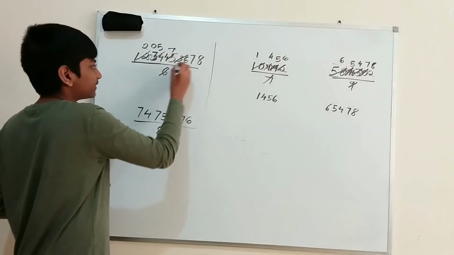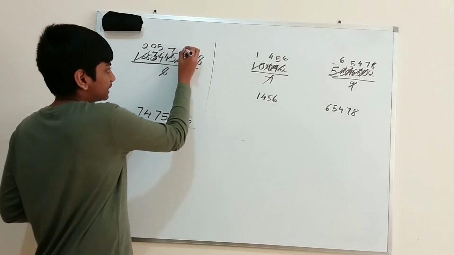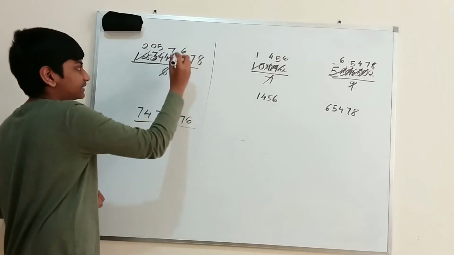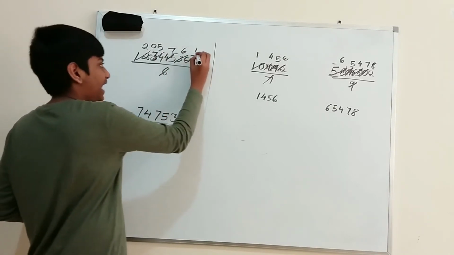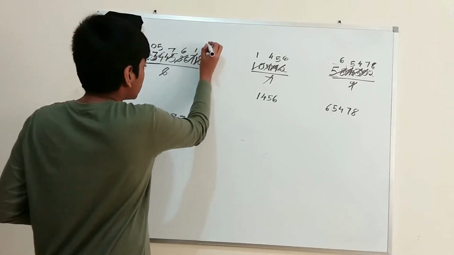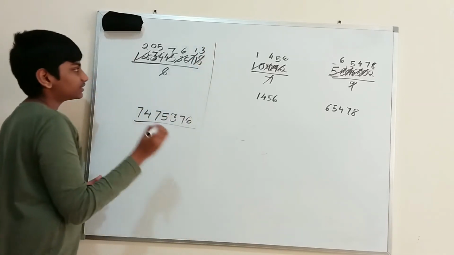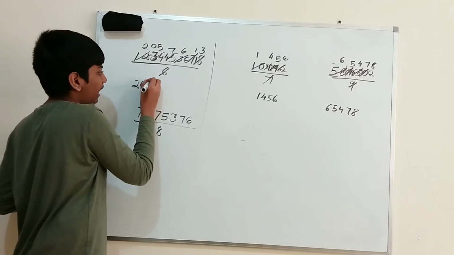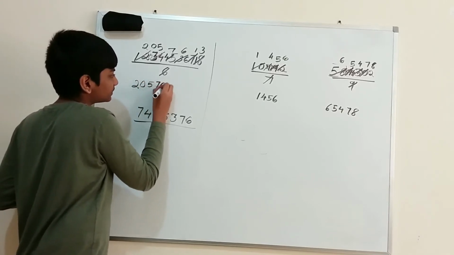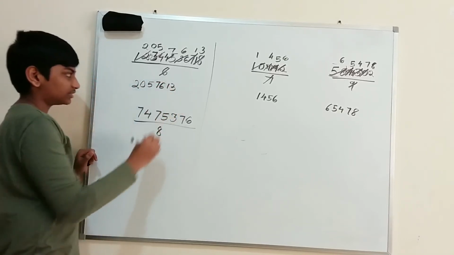And 36 divided by 6 is nothing but 6, and 7 divided by 6 is nothing but 1, 6 1s are 6, and I'll get a 1 over here, and this is going to be 3. So 3 into 6 is 18. So our answer is going to be 2057613. Okay.